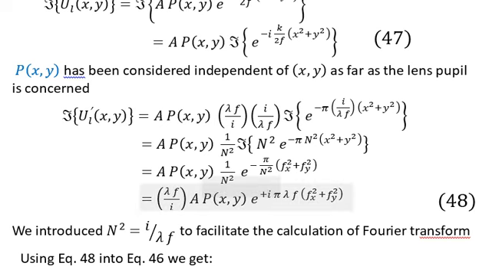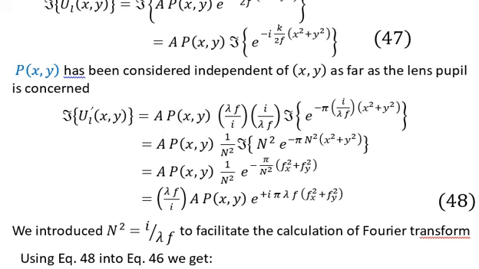Now we substitute back the value of n square, which is equal to iota over lambda f. Substituting these values backward, equation number 48, in its last step, gives the Fourier transform of the field, which is ul prime of x comma y.